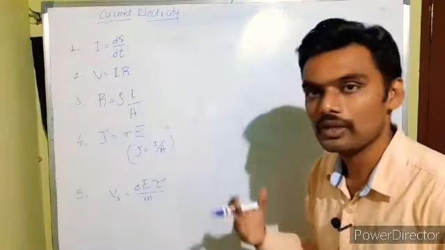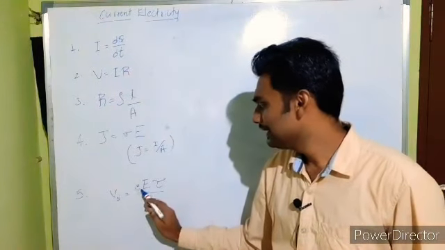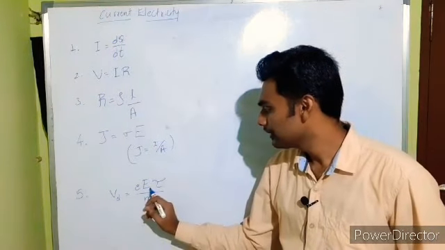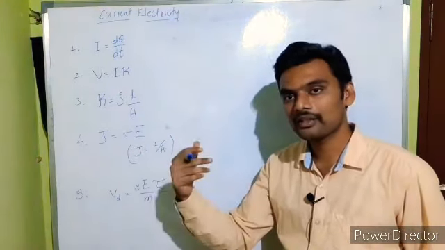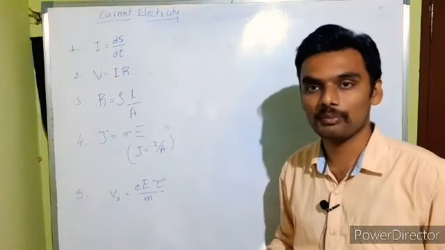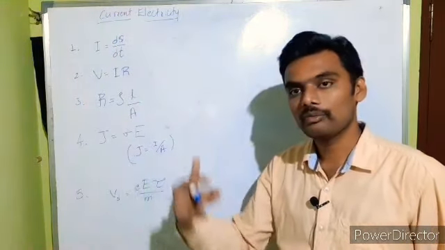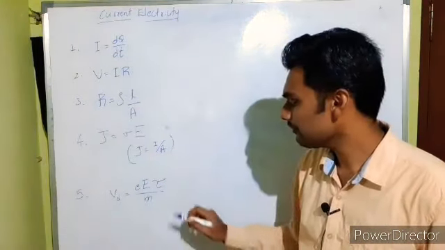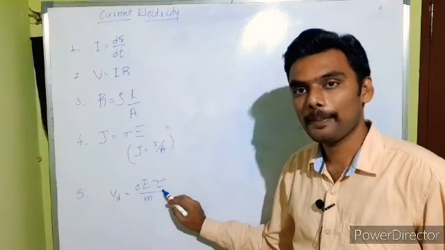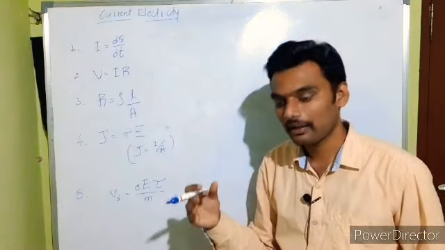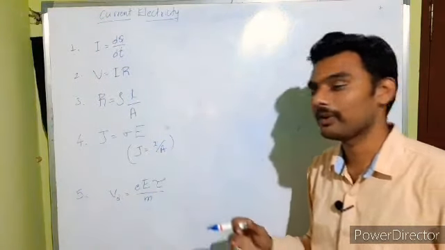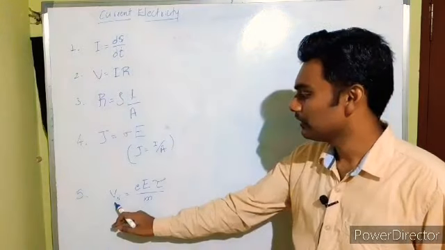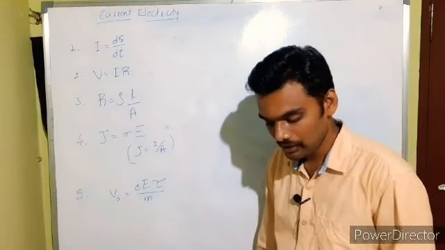You should visualize whatever I taught. e is the charge associated with each electron, the amount of charge with each electron. This E, capital E, is the electric field set due to the external potential difference that you apply. Due to the battery that you connect, there will be an electric field set inside the conductor. That is what this E is. And tau is the relaxation time, the average time spent between two successive collisions. m is the mass of the electron, and this is the expression for drift velocity, Vd.